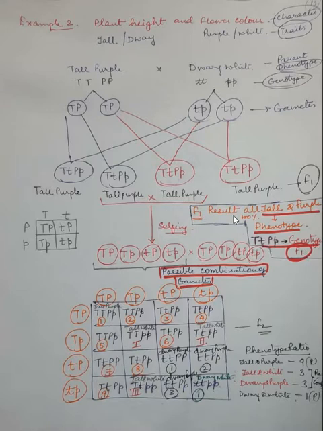There will be a cross given, then they will ask you to calculate the result for the F1 generation and write down the ratio, or what will be the phenotype and genotype of the F1 generation, where mostly children get confused. So there is no point of confusion here. There is one more thing, children, which I have noticed, that you get confused in monohybrid and dihybrid cross.